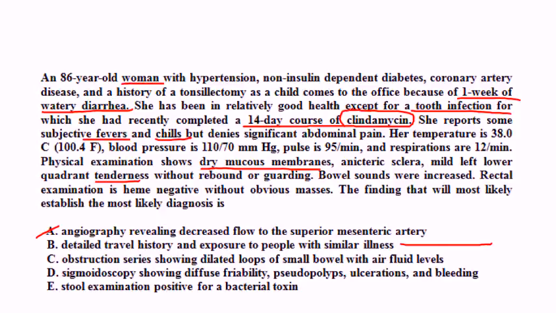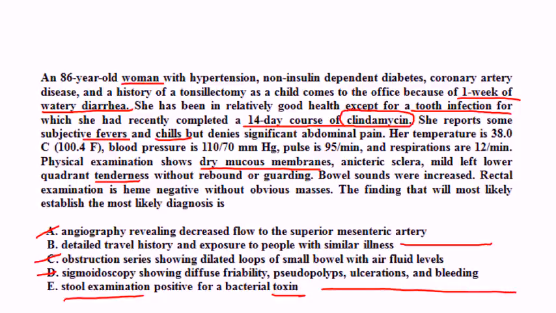Well, that's a bit of a stretch, so I'm going to scratch that one off. Sigmoidoscopy showing diffuse friability, pseudopolyps, ulcerations, and bleeding. Well, that's also kind of along the line of further diagnostic maneuvers or testing, and I'm going to scratch that one off. Stool exam, positive for bacterial toxin. Well, I'm going to keep that one.